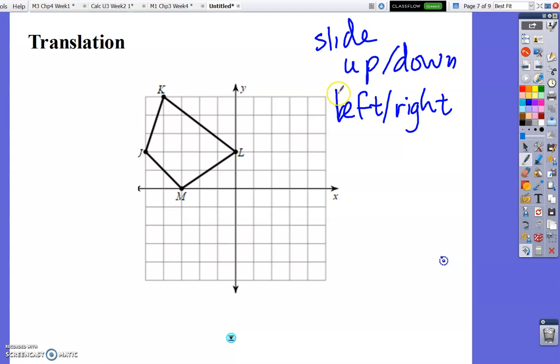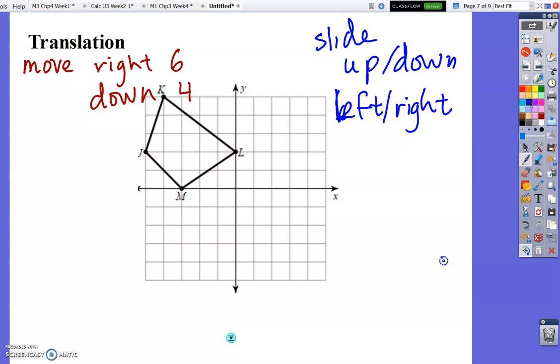So that's what I mean by both. I need to know how much. So I'm going to go ahead and move right, because there's not much left here. Move right 6 units, and down, because again, there's not much up, 4 units.